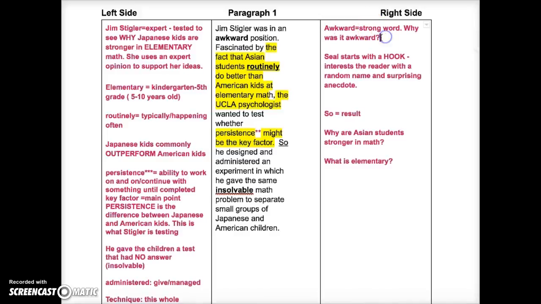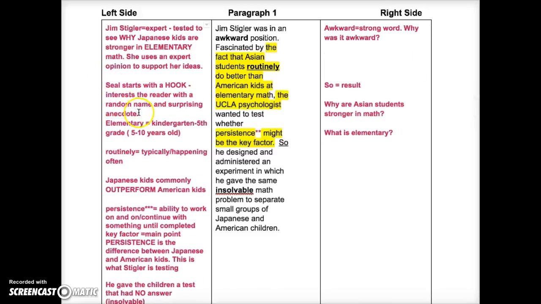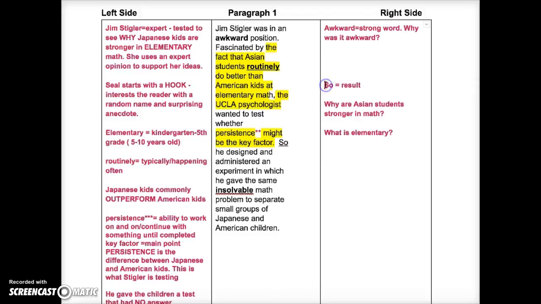Awkward is a strong word. Why was it awkward? So this is a hook, right? She's using this strong, kind of strange word, and that pulls you in. And so I'm curious as to why it was awkward, and I'm hooked. And this is actually a writing technique, so this should go on the left side. Sorry about that, guys.